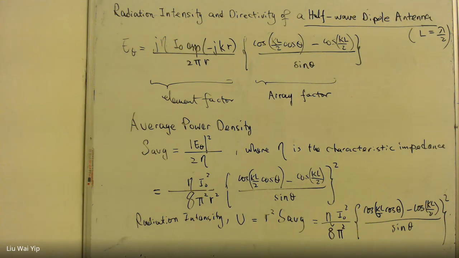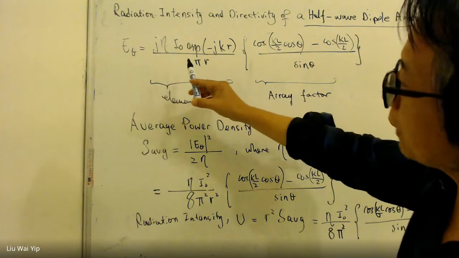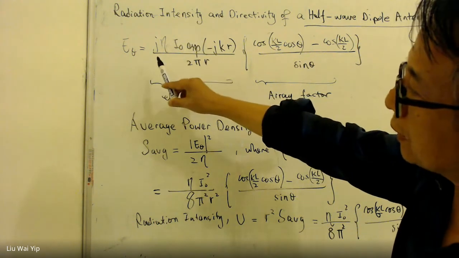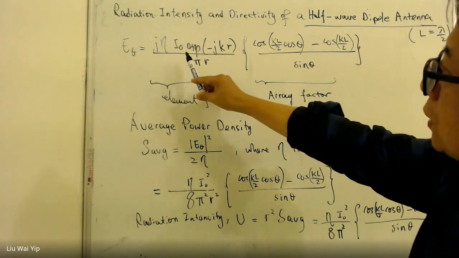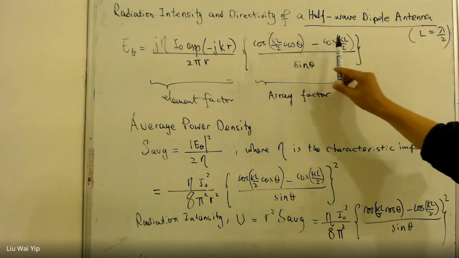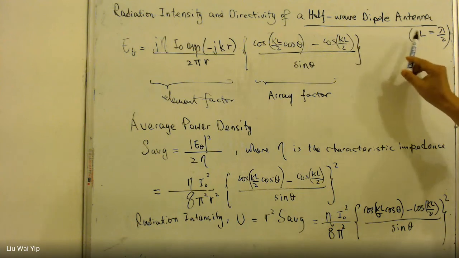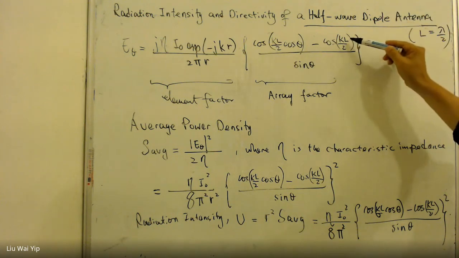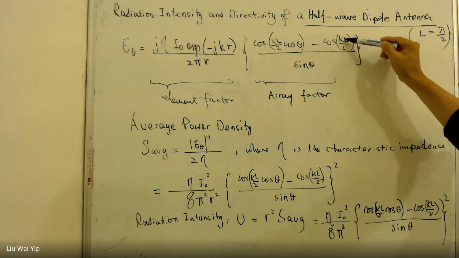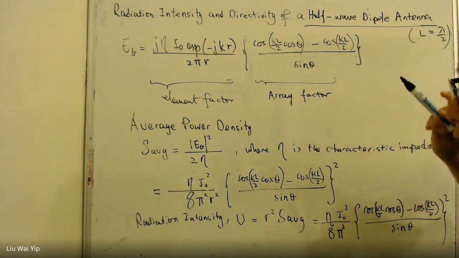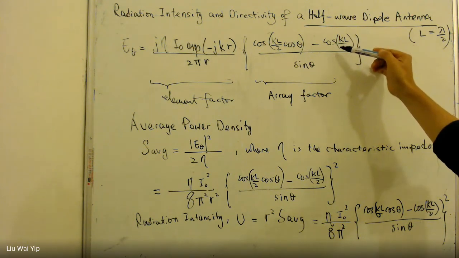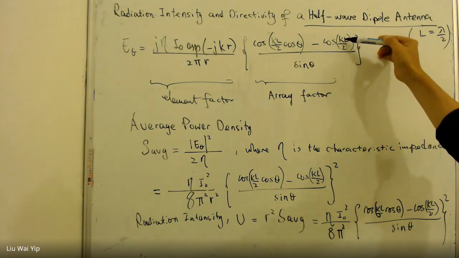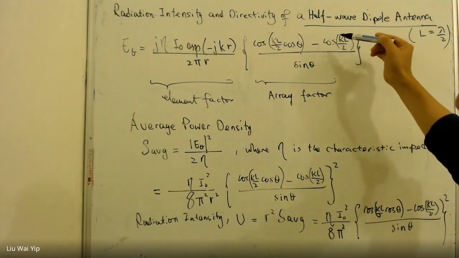So according to the expression here, the electric field from the radiation pattern will become, yeah, we can find out by substituting L being equal to lambda divided by 2. If we do that, then this term will go because the value inside is going to be pi divided by 2.